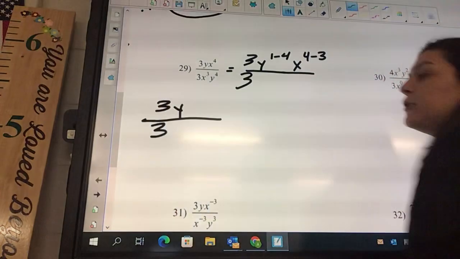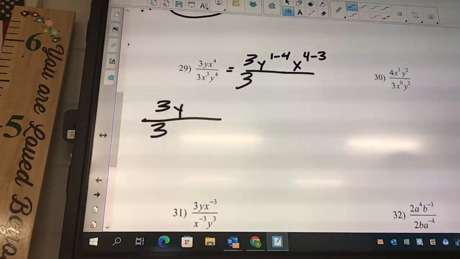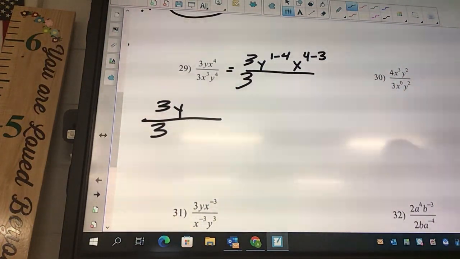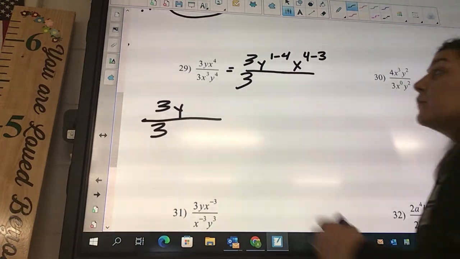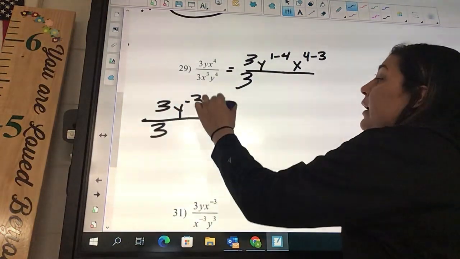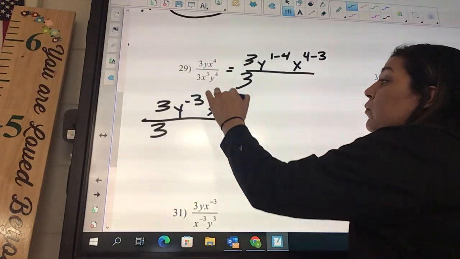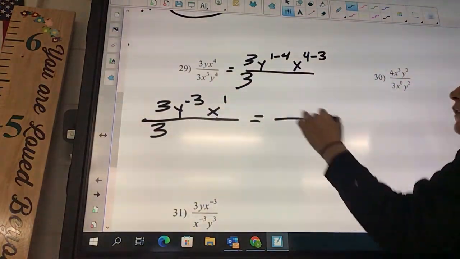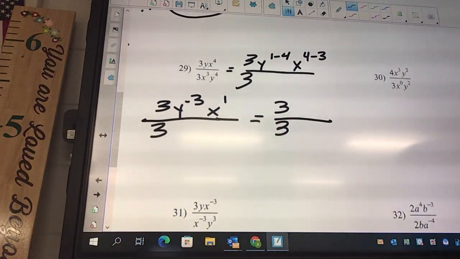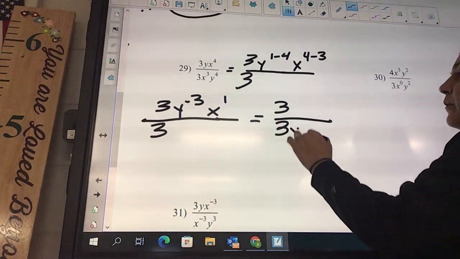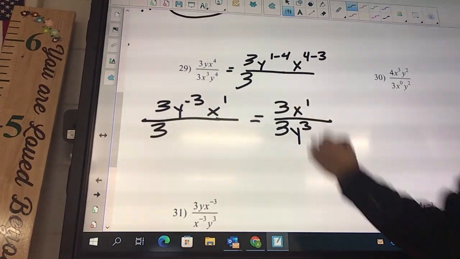So you're going to get y to the what? Negative 3. X to the 1. Where's the y to the negative 3 go? Bottom. And x to the 1 stays on top.